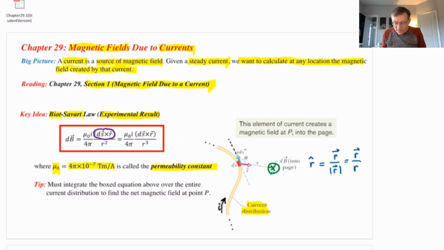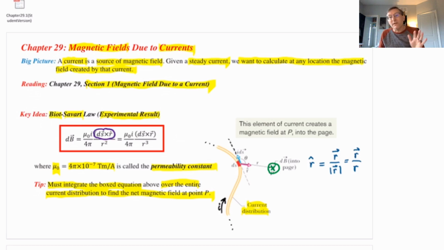Well, to get the net magnetic field at point P, we must integrate this result that is obtained from the boxed equation over the entire current distribution. And that will give us then the net magnetic field at point P. Now, as you might imagine, doing this calculation for a somewhat complicated wire like this one, which is winding around in the plane of the screen, wouldn't be easy.